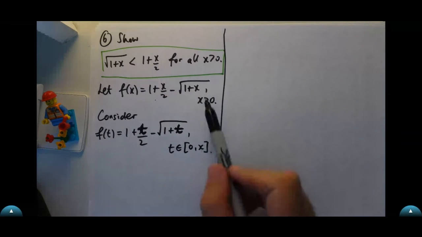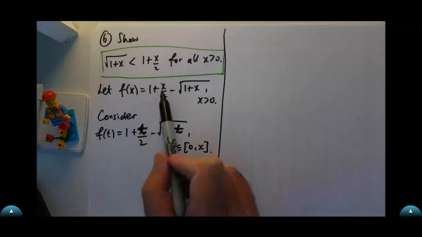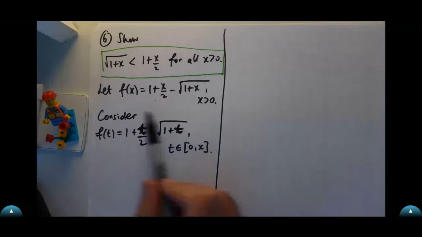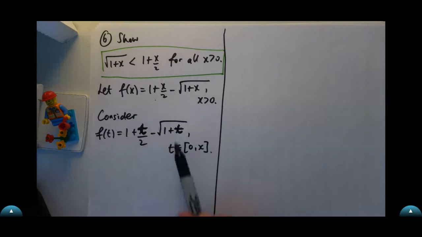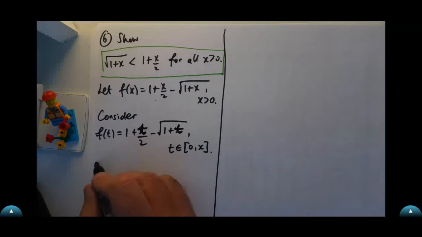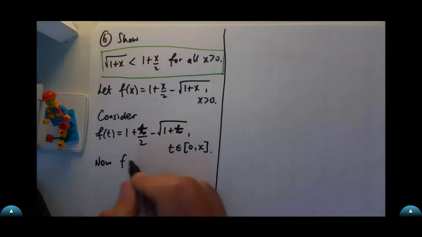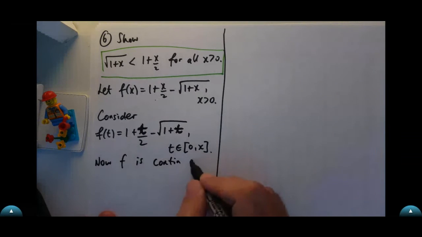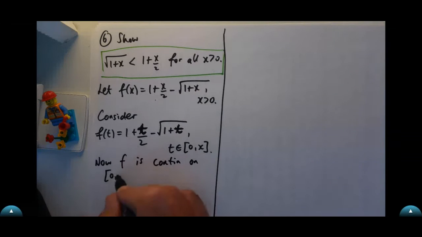Okay, so x is positive here. We've just changed the x's to t's, and we're going to look at how we can apply the mean value theorem on this interval. Okay, so our f is continuous. So for every positive x, this function is definitely continuous.